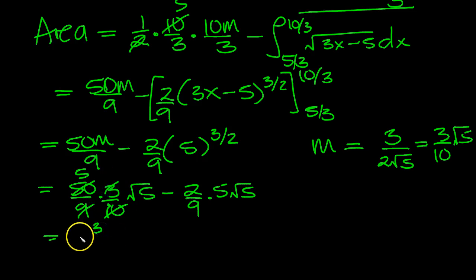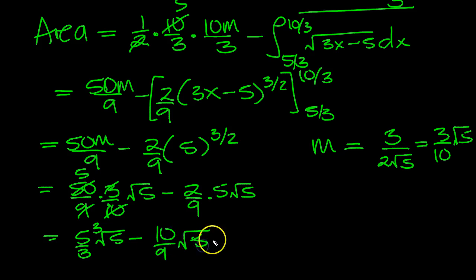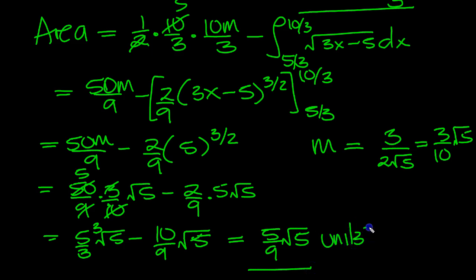So this is 5/3 root 5 minus, and this is 10/9 root 5. So 5/3 is 15/9 minus 10/9 is 5/9 root 5. That's the area, units squared. 5 root 5 over 9.